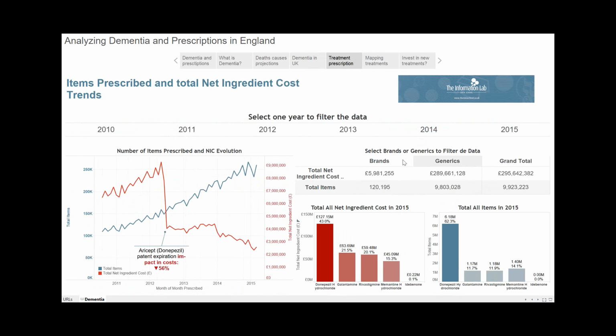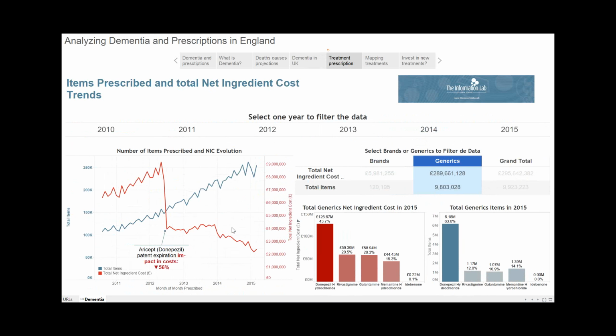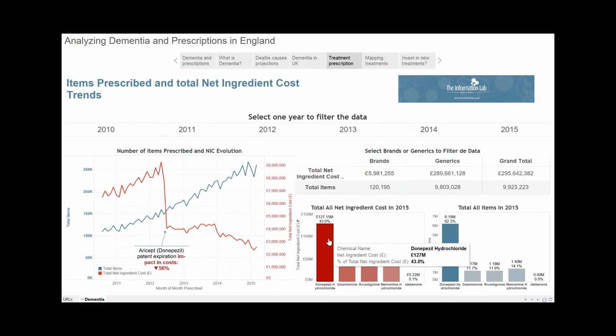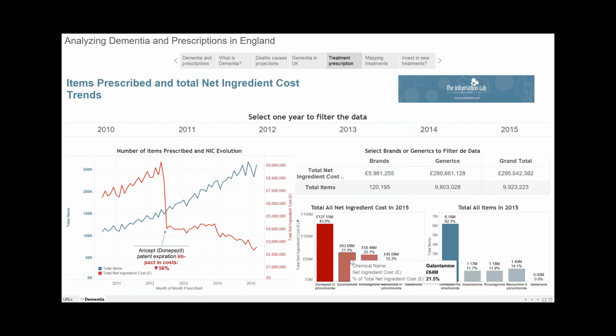We see that for generics the total ingredient price has decreased a lot, but for example in brands, the prescriptions and the costs have increased over time. And also, if anyone is interested in one particular product, you can filter the information and see the information for that concrete product.